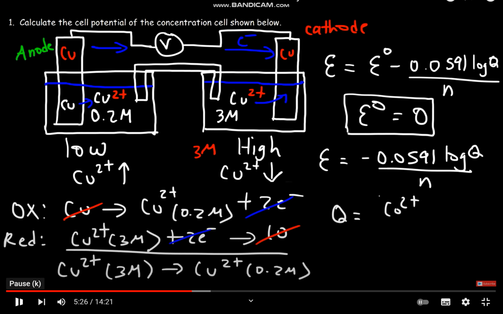Copper 2+ concentration on the product side divided by the copper 2+ concentration on the reactant side.